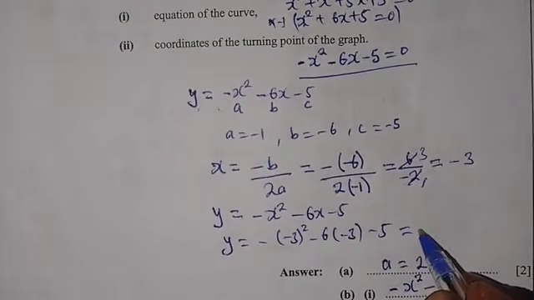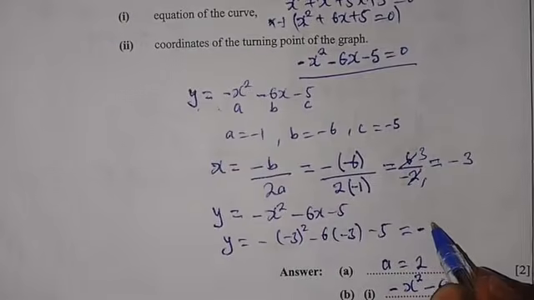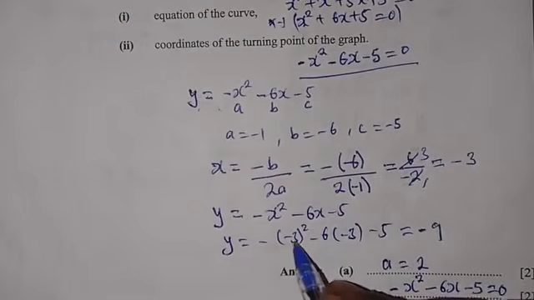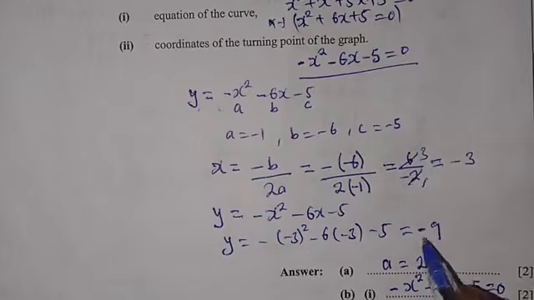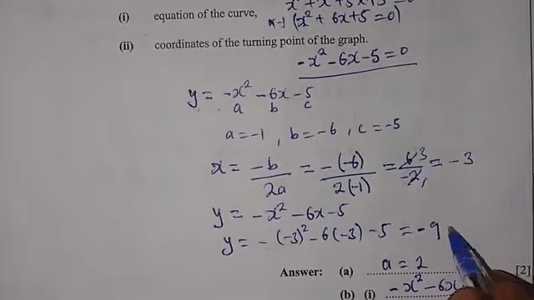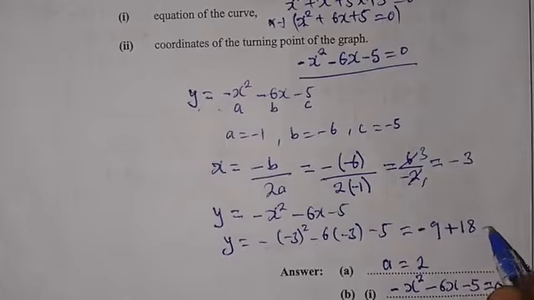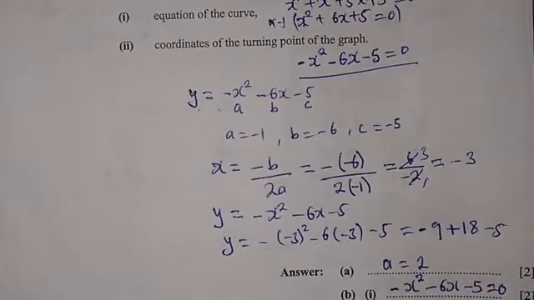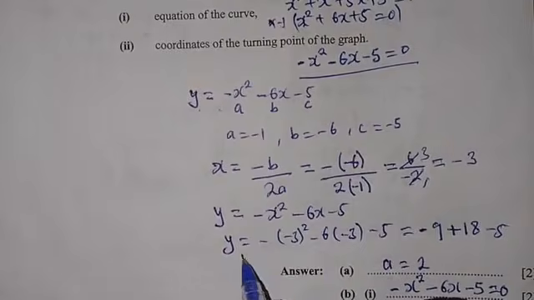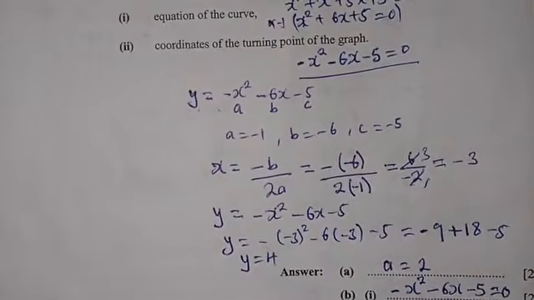This one will give us negative 9, because negative 3 squared is negative 3 times negative 3, which is positive 9, times negative, negative 9. Negative negative positive, 3 times 6 is 18, then minus 5. So definitely y is equal to 4.